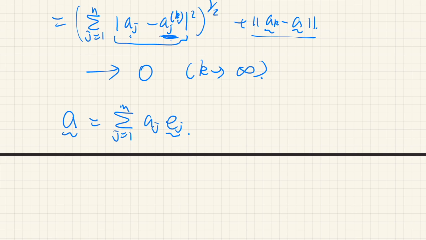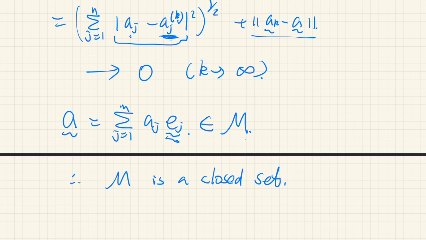And of course, this does belong to M because it's spanned by these vectors. Therefore, M is a closed set. And we are done.